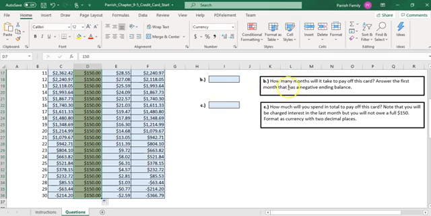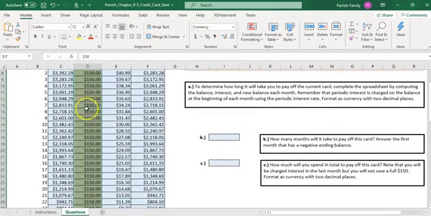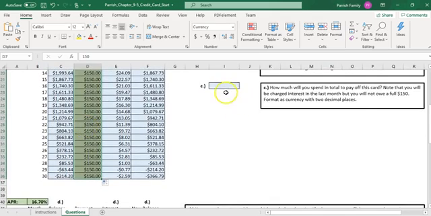So the first question they're asking you over here is how many months will it take you to pay off the card? Enter the first month that has a negative ending balance. Okay, so you're going to answer that question here. And then how much will you end up spending in total to pay off this card? Well, I paid $150 every single month.